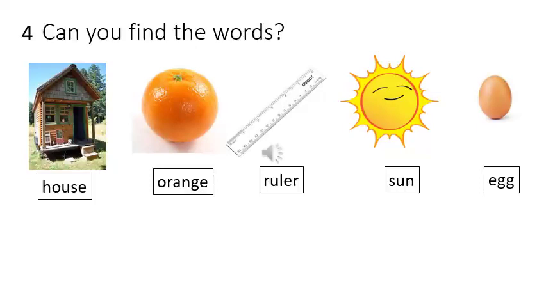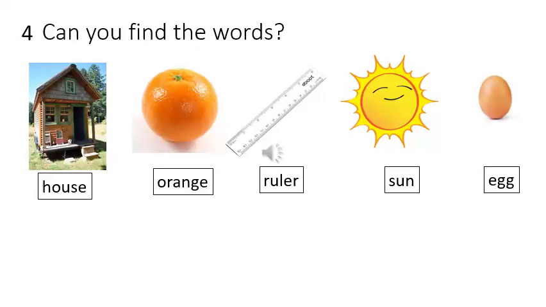If you don't identify the picture correctly and if you make a mistake in writing the name of any one picture, you will not be able to find the correct word. So be very careful in identifying the picture. The first picture is house.